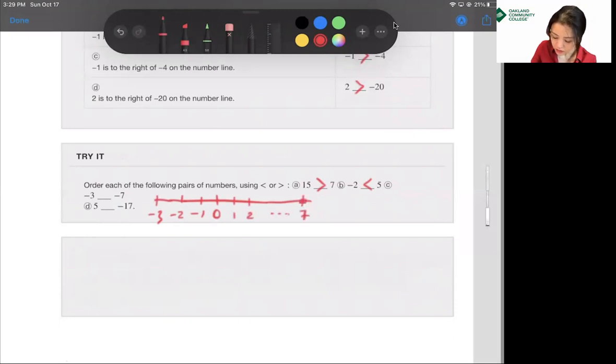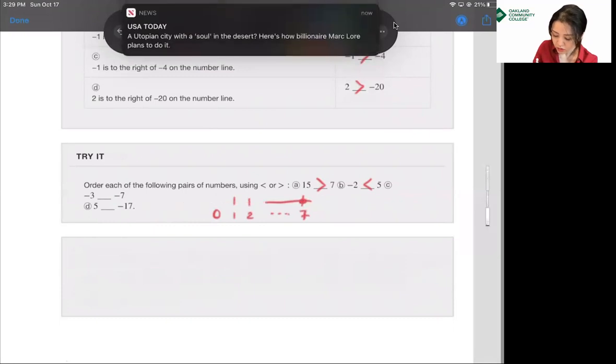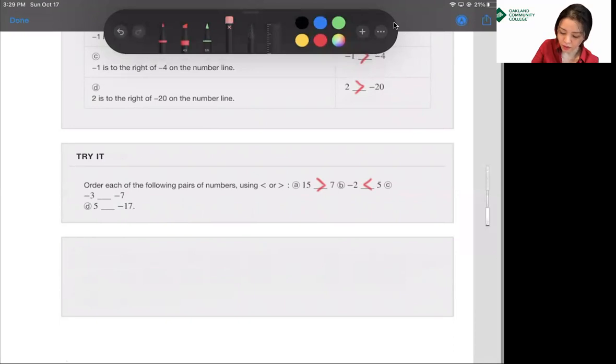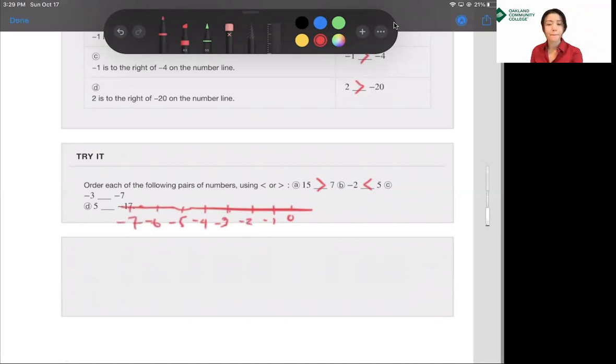Oh, I'm sorry, I was thinking about positive 7. My apology, let me redraw. So here is 0, -1, -2, -3, -4, -5, -6, and here's -7.